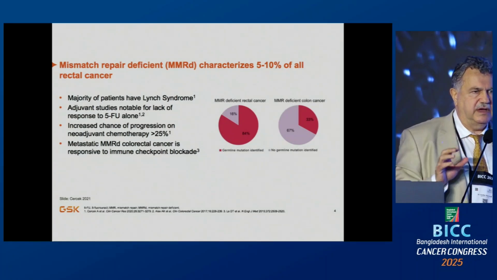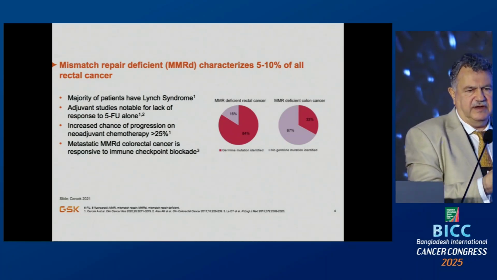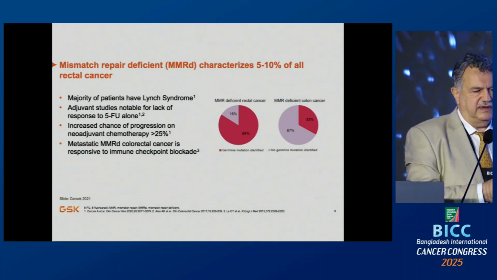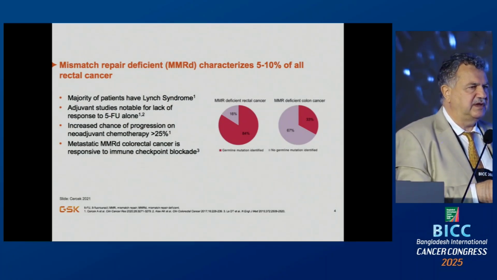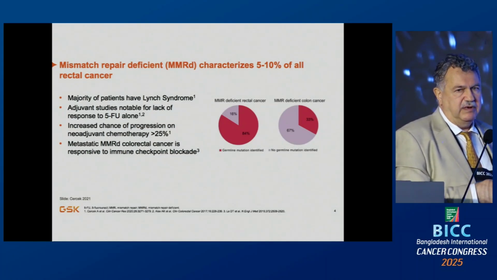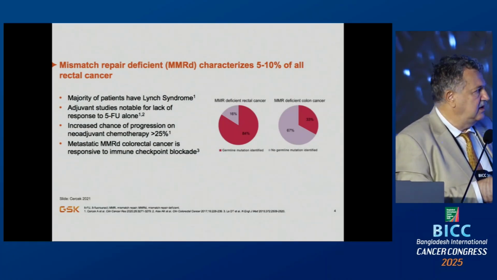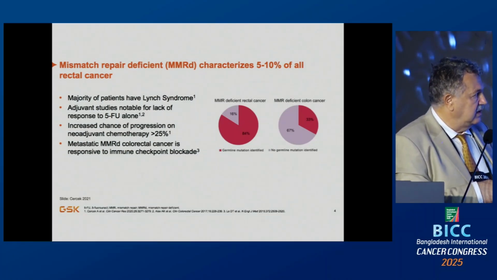Now, back to our case. How common is it to see a case of rectal cancer with MMR deficiency? 5 to 10%. So it's not every case. That's why we were excited when we saw the case with the mismatch repair. Now, the majority of those cases are really Lynch syndrome.